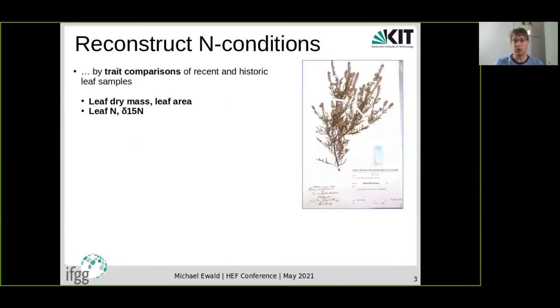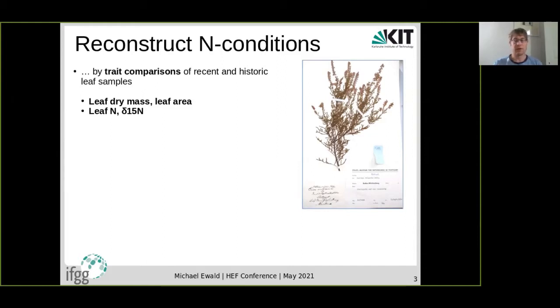And one way to reconstruct historic nitrogen conditions is by comparing traits of historic plant samples and of recent plant samples. And this is what we did.